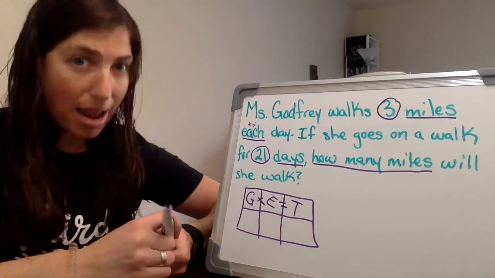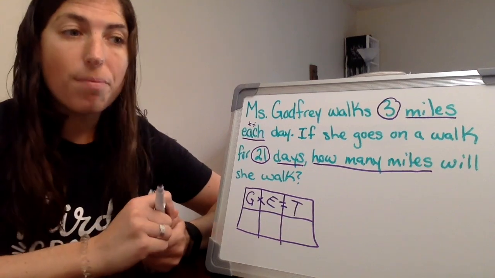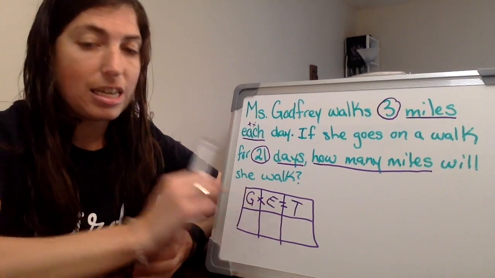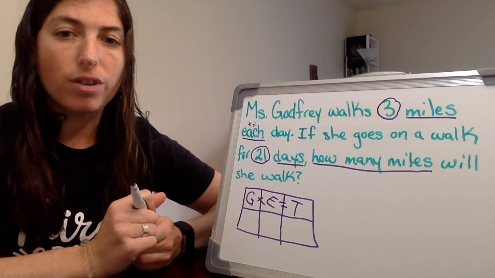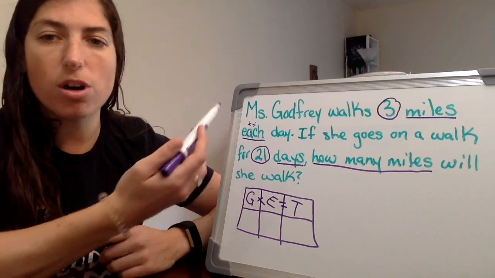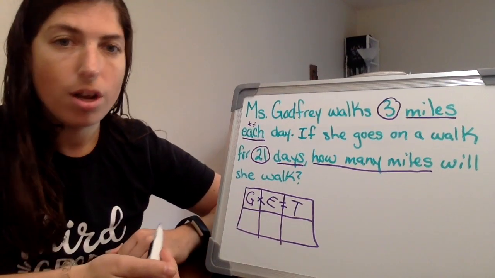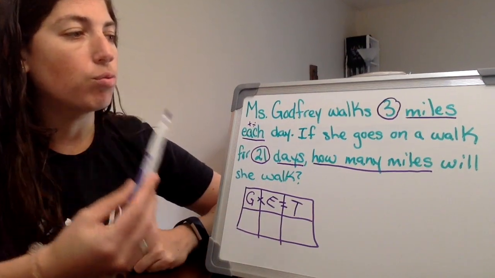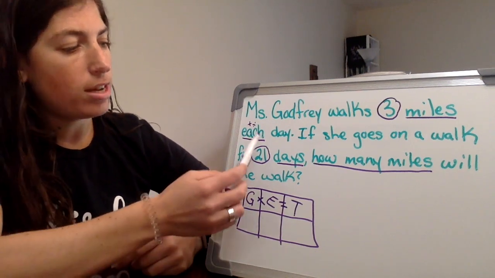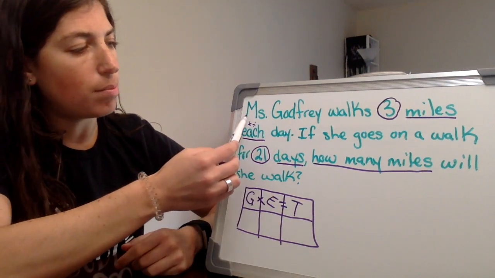I know I've told my class this, if you were in after school with me, the first box that we should fill out is this each box right here. The reason I like to fill out the each box is because in the problem, we already see the word each. So I'm going to go back and reread the sentence that has each in it. Here's my period. I'm going to go back to the beginning of my sentence.